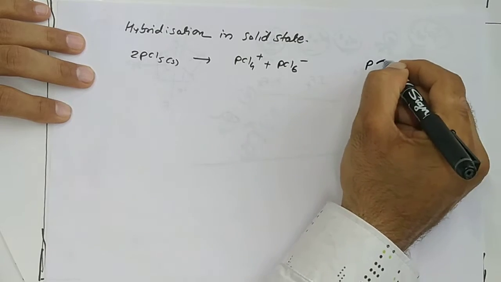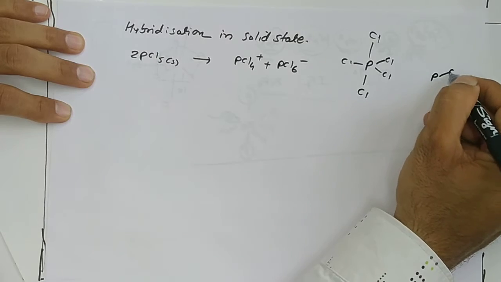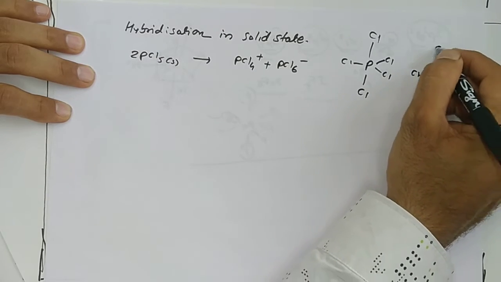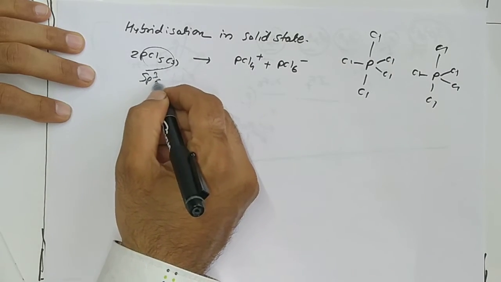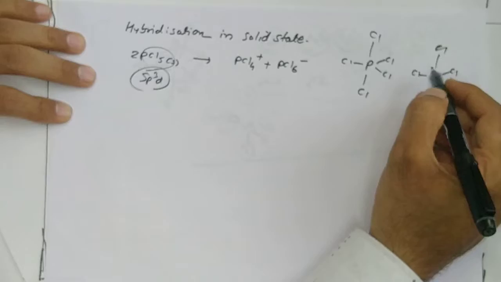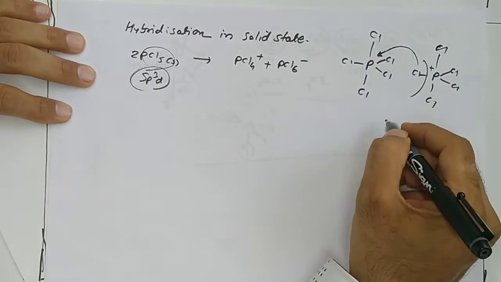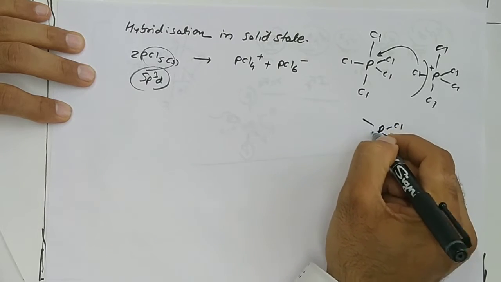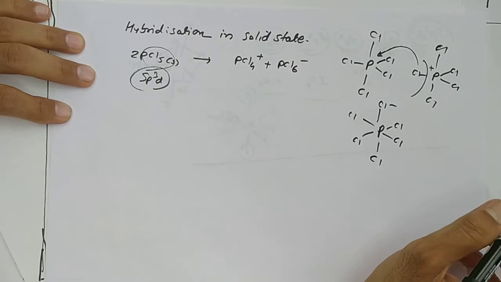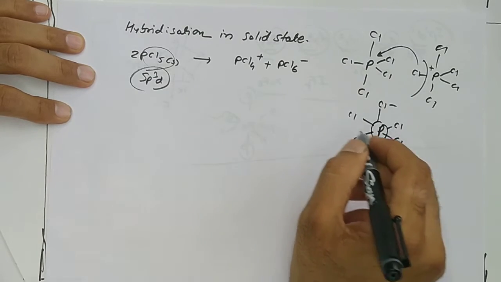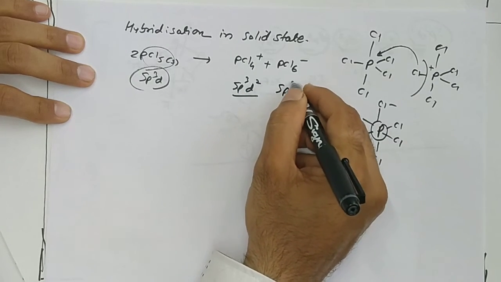You can see in PCl5 the structure is trigonal bipyramidal. Here the actual hybridization is sp3d. In PCl6 minus, one chlorine is lost from phosphorus and it gains one, so the hybridization is sp3d2.